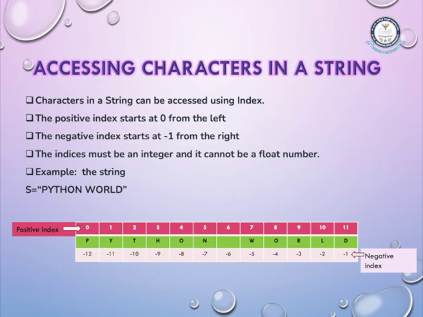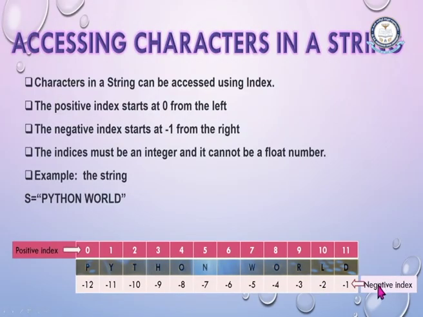At 0th index position we have the character P, and at 1 index position we have the character Y, and so on. And see, this positive index actually starts at 0 and moves to the right-hand side. But what about the negative index? The negative index actually starts at -1 at the rightmost side of the string.